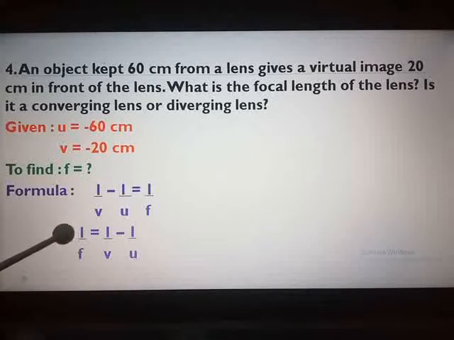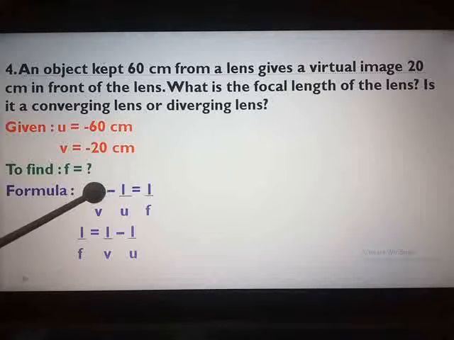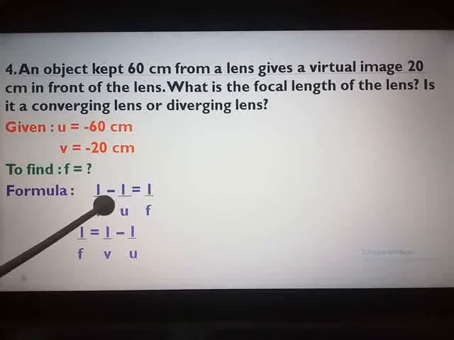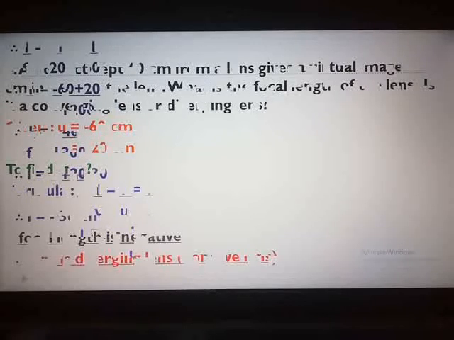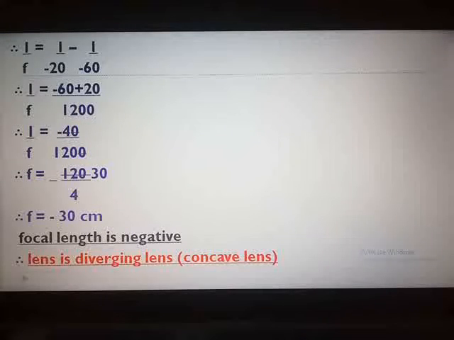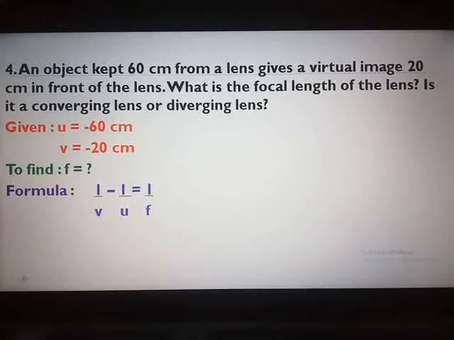They have taken 1 upon U on the right hand side, so it will be plus 1 upon U. Substitute the given values now: 1 upon F is equal to 1 upon minus 20 minus 1 upon minus 60. Look at the previous slide. 1 upon V minus 1 upon U is equal to 1 upon F. This is our original formula.